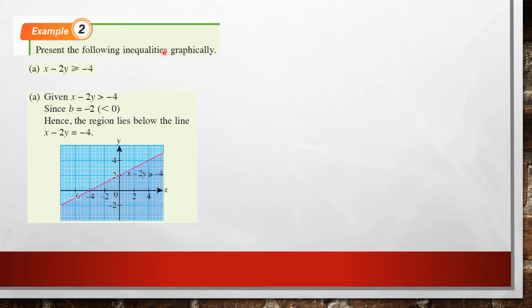So you want to represent these inequalities graphically. What you must do, first you draw the line. How to draw the line? You find any 2 points. Any 2 points: when x is 0, what will y be? y is 2. You substitute x equals 0, so you get y equals 2.